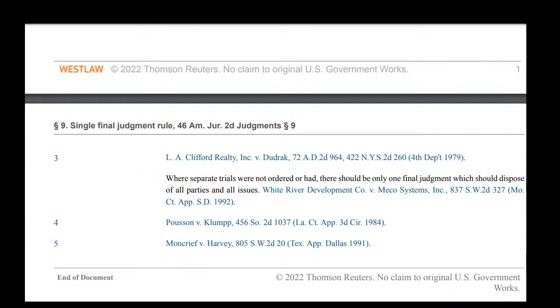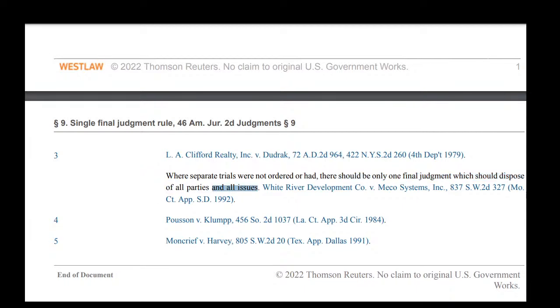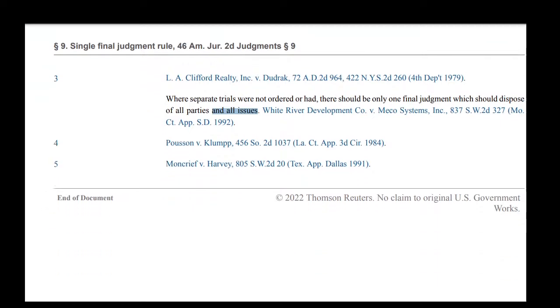But again, these are all pretty much very logically defined and separated in very intuitive ways when you really look at the situations why you would want one final judgment for one controversy. Where separate trials were not ordered or had, there should be only one final judgment which should dispose of all parties and all issues, which is the intent of the courts, to dispose of those issues with the parties.